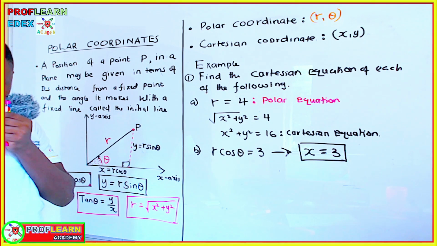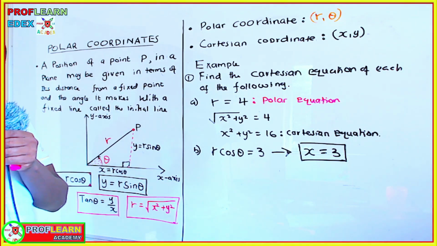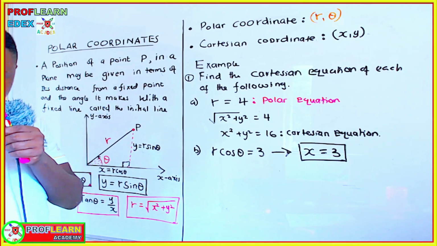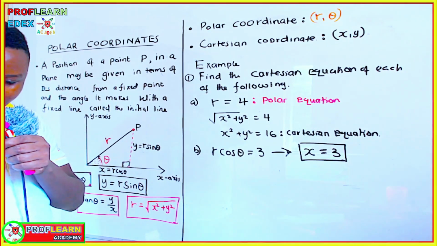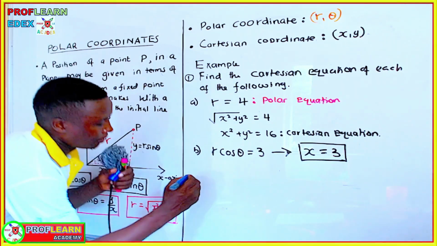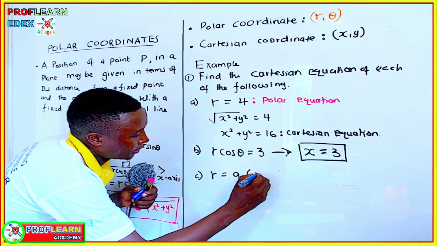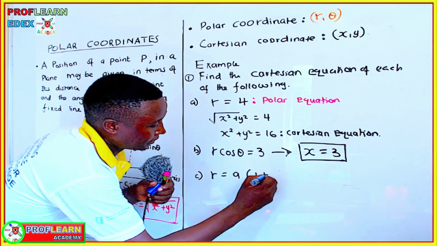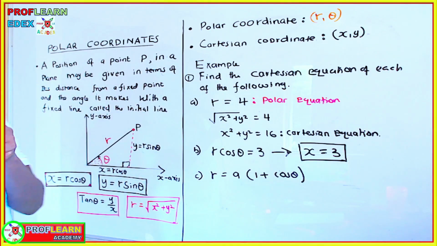The equation says r equals a, part C, r equals a into bracket 1 plus cos theta. So this is what we are given.